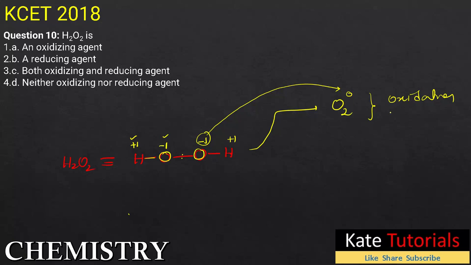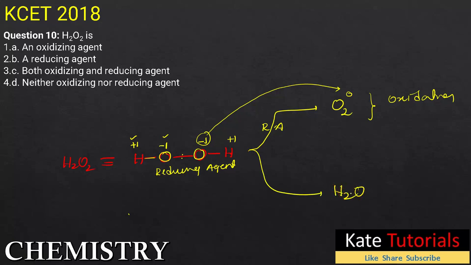So it acts as what? This H2O2 acts here as a reducing agent. It acts as a reducing agent, right? So in this process H2O2 acts as a reducing agent.